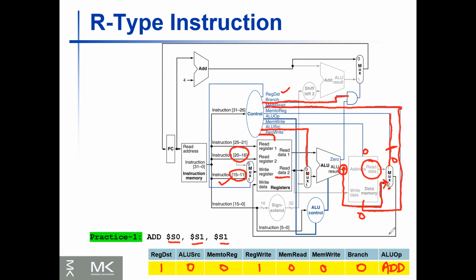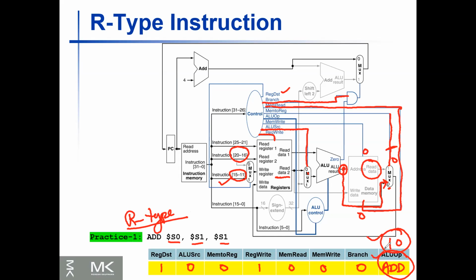Also for addition, do you remember the code as I said? 2, exactly. But it is only 2-bit, so I should write 1 0. Are you getting my point? For all R type instructions, it is 1 0. So either you can write this or you can write this. Both are correct. Is it clear?